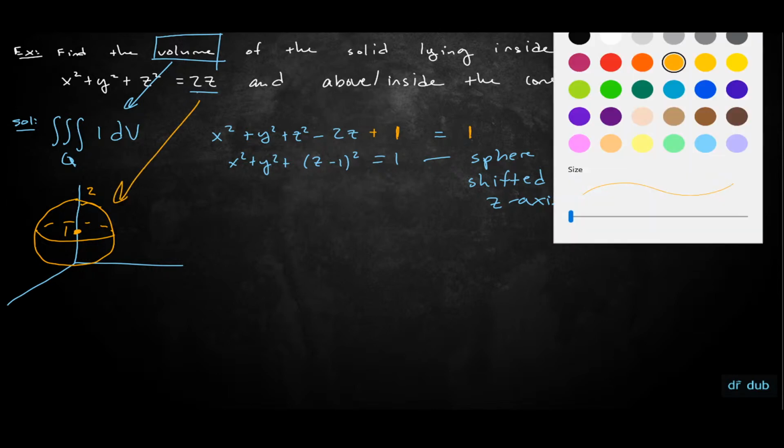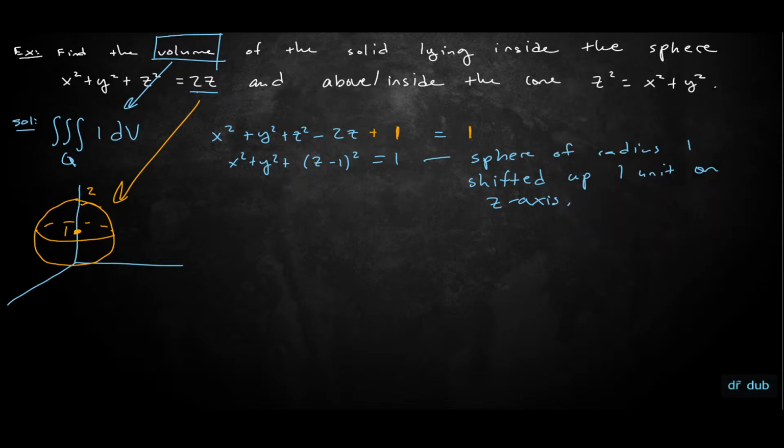And then our cone, we actually just found earlier that the cone, z squared equals r squared, was just the cone phi equals pi over 4, or phi equals 3 pi over 4. Well, 3 pi over 4 is not going to do anything good for us, but pi over 4 is going to be good.